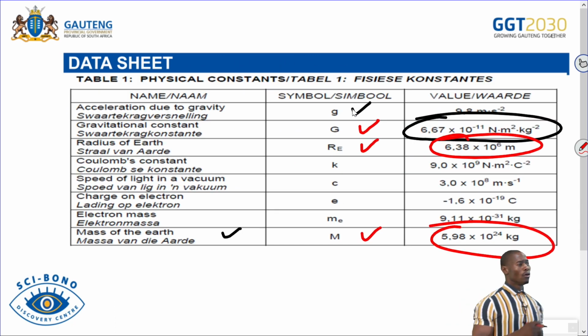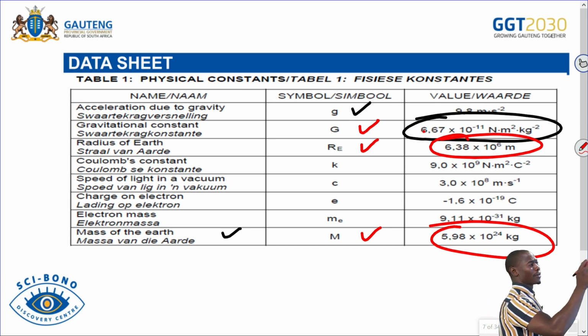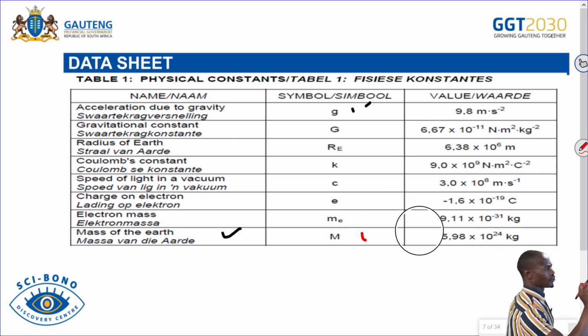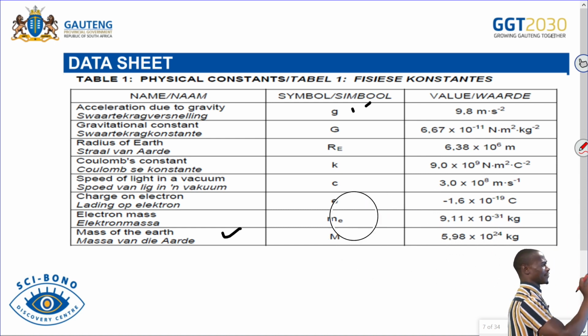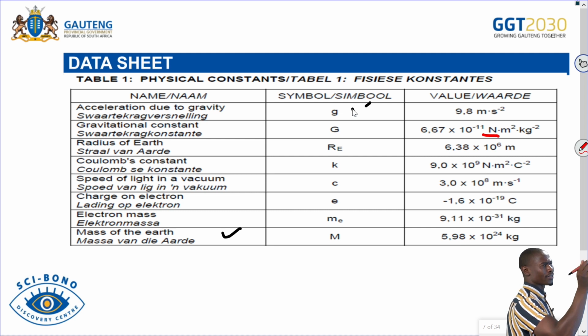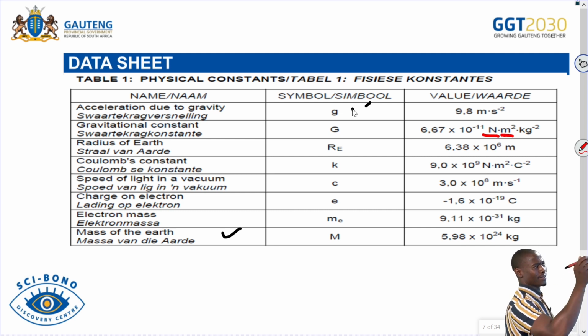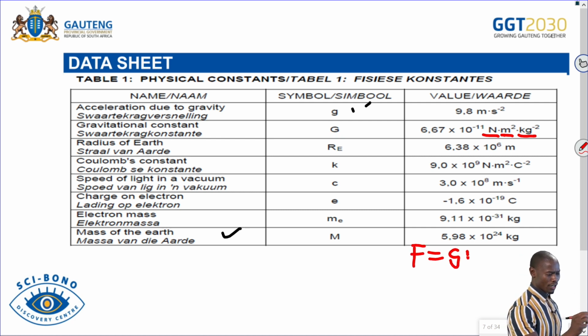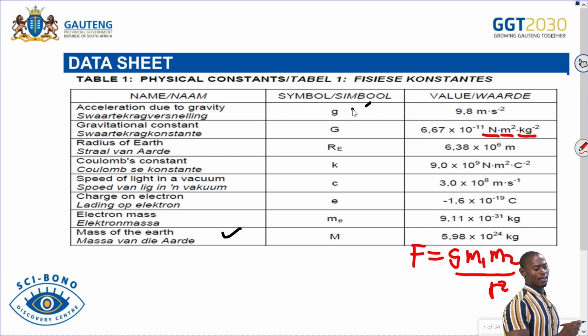Right, so the gravitational constant is 6.67 times 10 to the power negative 11 newton square meters per kilogram squared. So when it comes to the equation, it's F equals G m1 m2 over r squared.